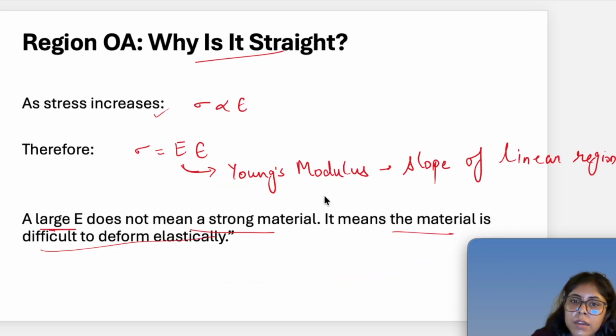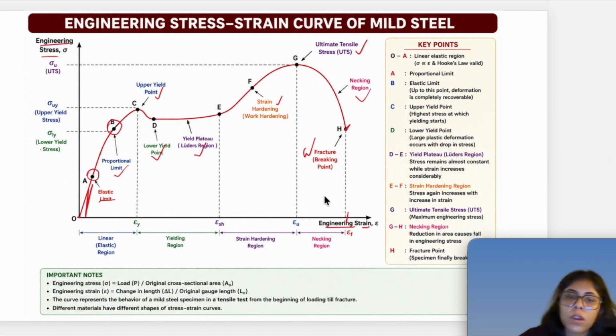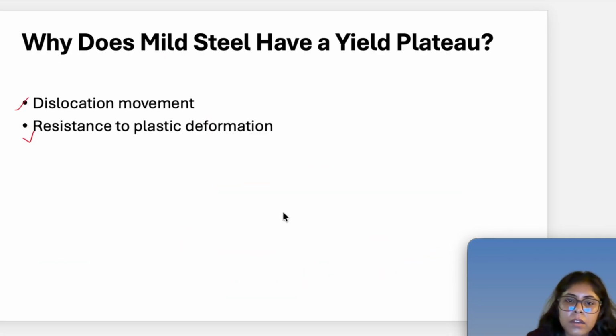You see here it's already deformed a lot without increasing the stress, right? But after full yielding, it requires a lot of stress to gain the deformation. It requires a lot of loading. So this region is known as the strain hardening region.